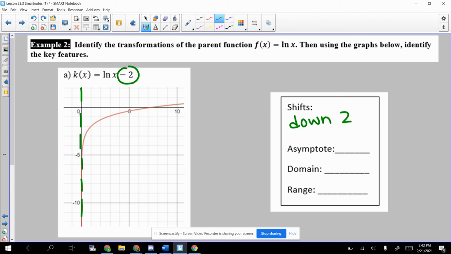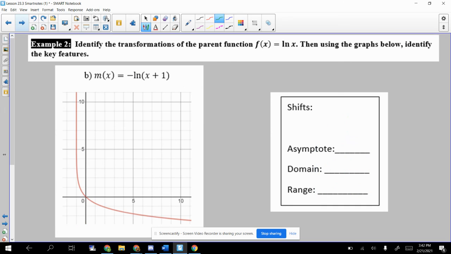It's still going to be at x equals 0. And then your domain is still going to be 0 to infinity. And your range is still going to be -infinity to positive infinity. So nothing really changes. We just know that, again, the base is e, and it's written as a natural log.